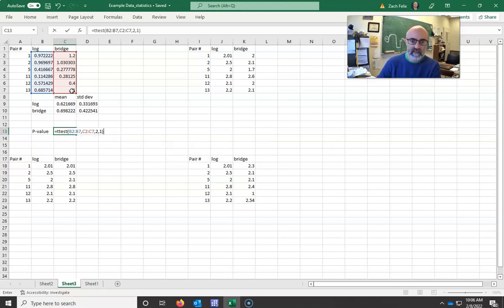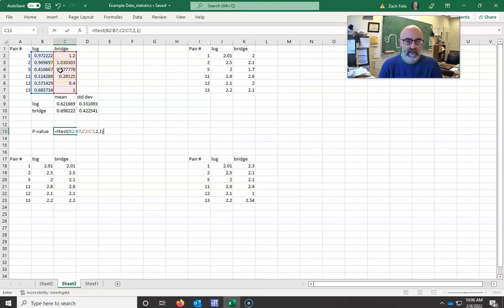So what that does is it is specifically comparing this number to this number, this number to this number. Now, it does calculate and compare the averages of these two, but it pairs those in a statistical sense.